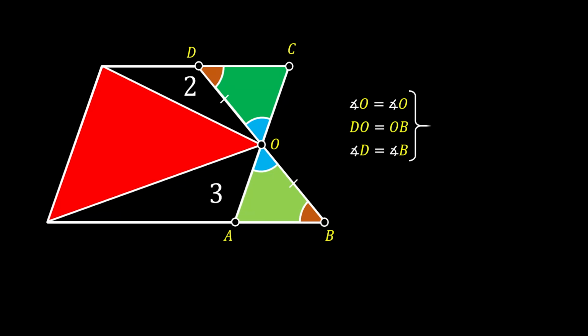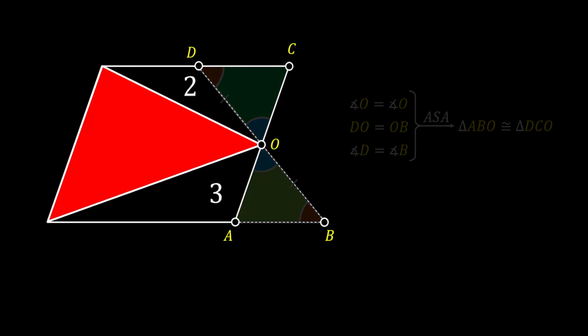So now, using those three facts, we know that these two triangles share two of the same angles and the side in between those two angles. So, by the angle-side-angle theorem, we have proven that those two triangles are, in fact, congruent.